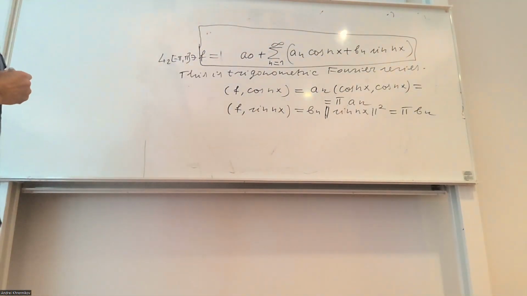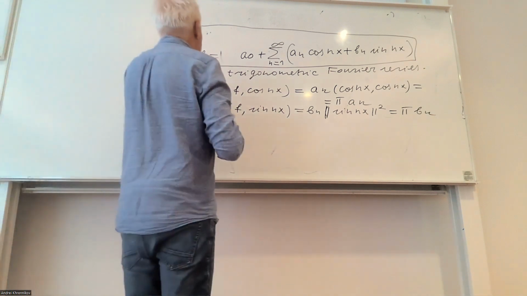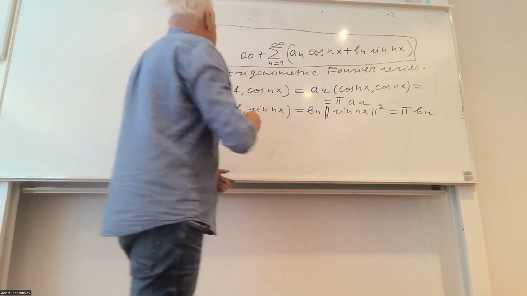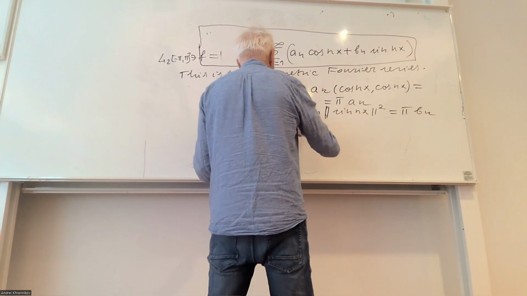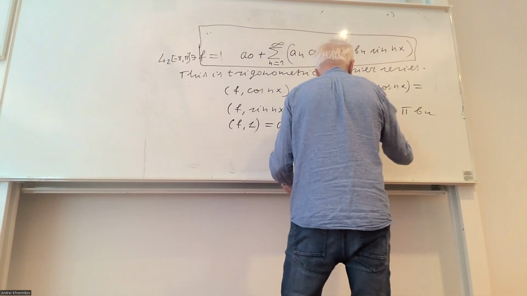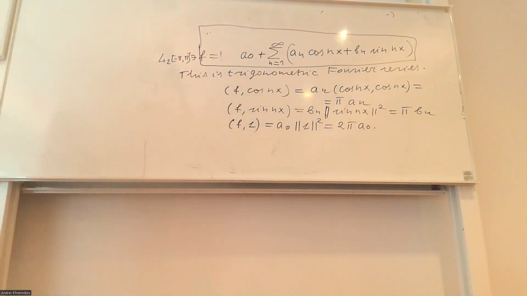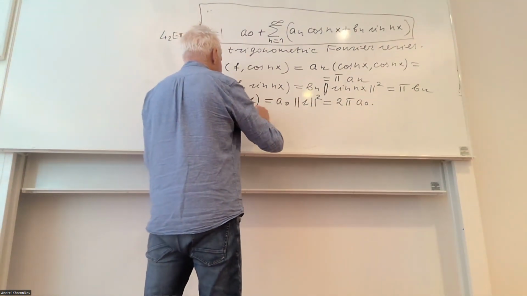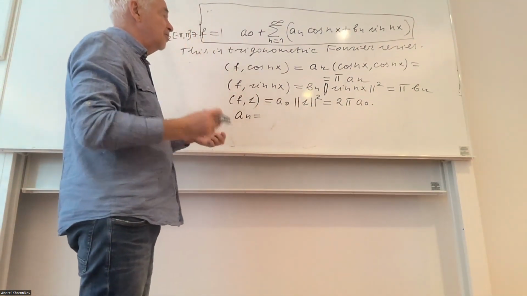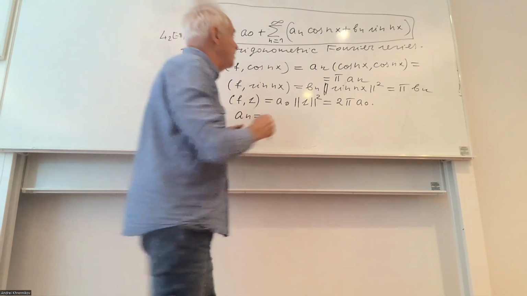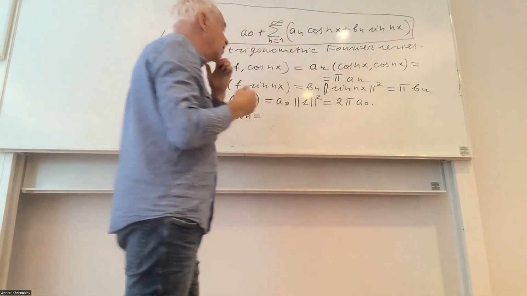And now if I just multiply by 1, then I get f multiplied by 1. And here would be a0, and here is the norm of 1 squared. It is 2 pi a0. We finish this lecture with formulas for these coefficients. They are also called Fourier coefficients. In general, we call Fourier coefficients those with respect to an orthonormal basis, but by itself cosine is just orthogonal, not orthonormal.